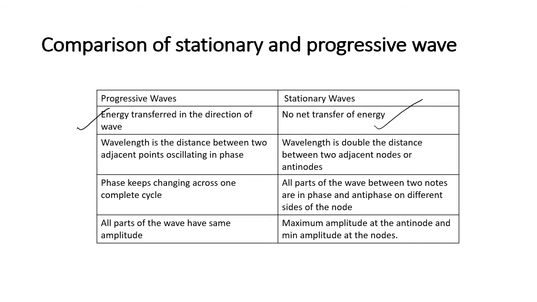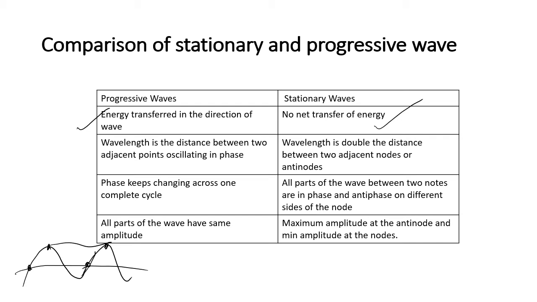A progressive wave is a wave that we draw like this. In that case, this distance is a wavelength. If you're talking about this point, then this point and this point, this distance is a wavelength. So wavelength is the distance between two adjacent points oscillating in phase.